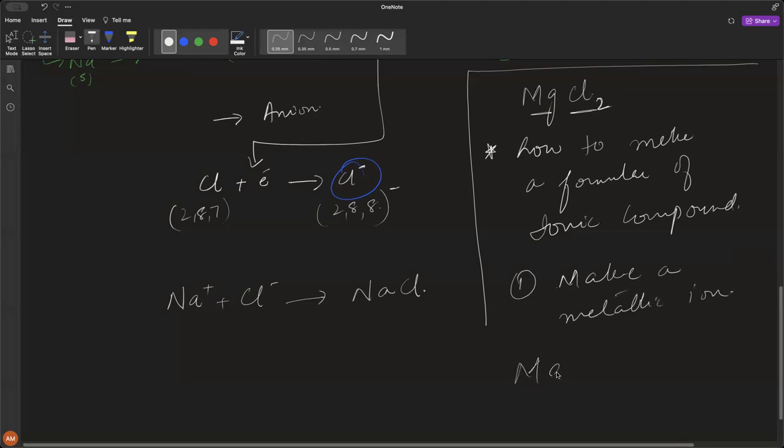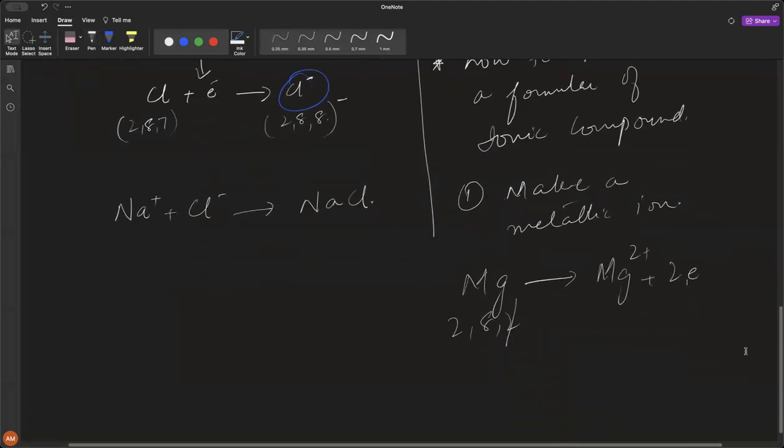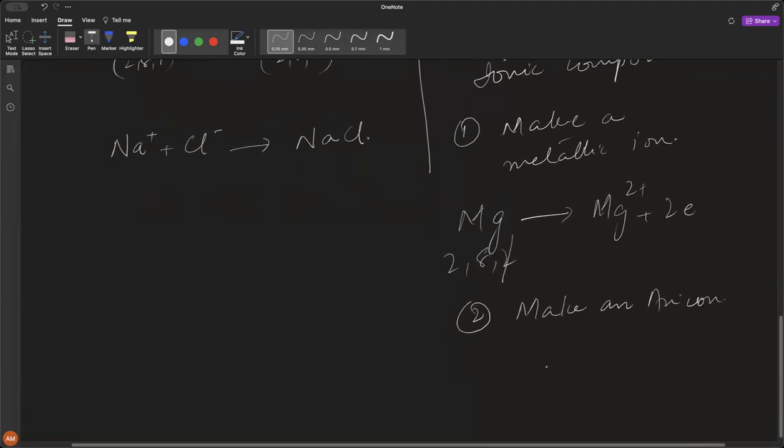When we talk about magnesium, what is the electronic configuration for magnesium? 2, 8, 2, right? So it loses an electron; it's going to lose these two electrons, so it needs to become 2 plus. Making sense? Then second, what we need to do is make an anion. Let's say we are talking about chlorine.